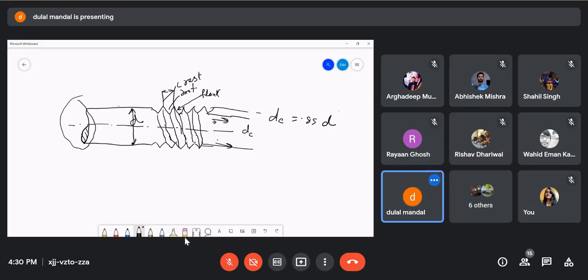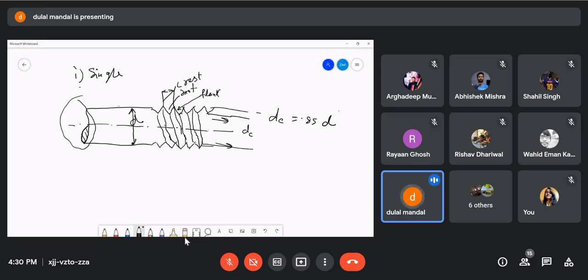Mostly, now it depends on the types of thread and the start of the thread. The types are multi-start and single start. Number one is single start, double start, maybe up to triple start.